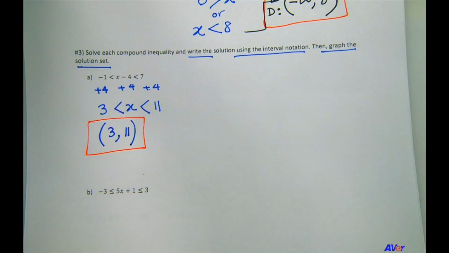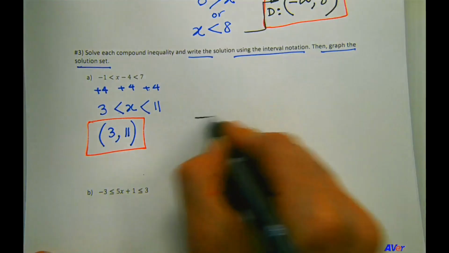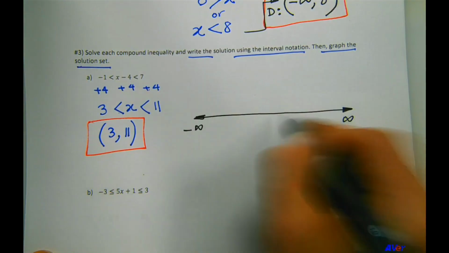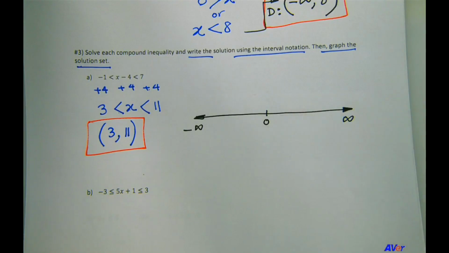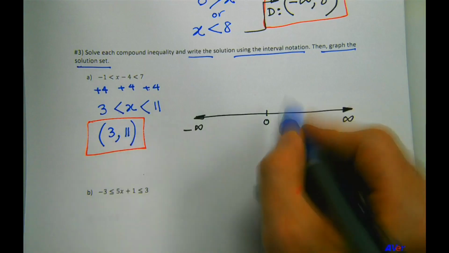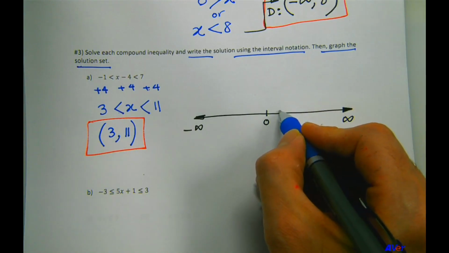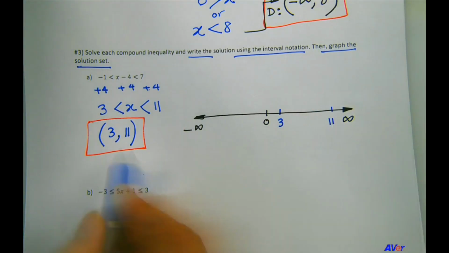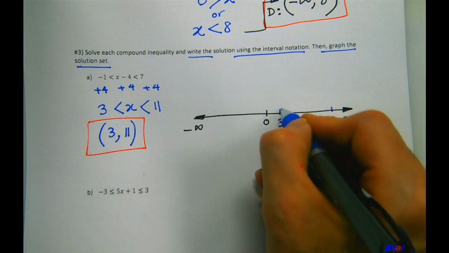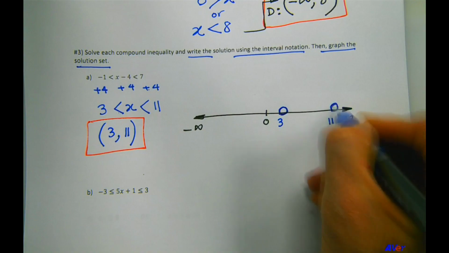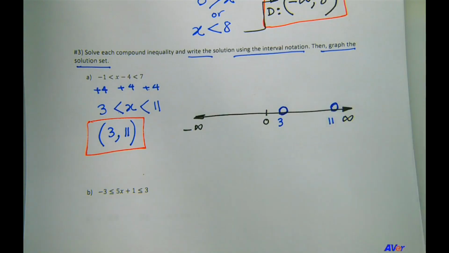So that's our interval notation. Now we have to draw a graph for this. So let's put 3 and 11. Suppose this is 3 and this is 11. 3 and 11 are not included, so I'm going to put a hollow circle on 3 and a hollow circle on 11, and then anything in between is the solution.